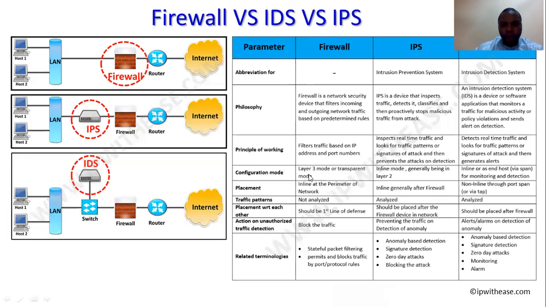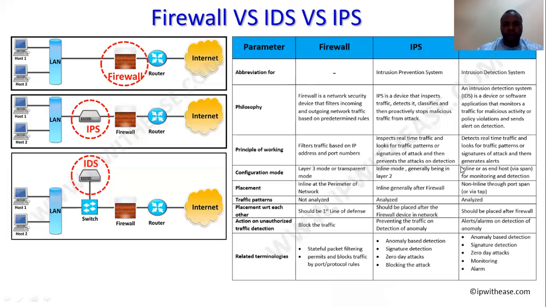So the configuration mode: firewalls can be placed at layer 3, okay, and the IPS can be in inline mode, and the IDS can also be in inline mode. Like I said, you can put either of these two at layer 2, and they can also work at layer 3 as well.